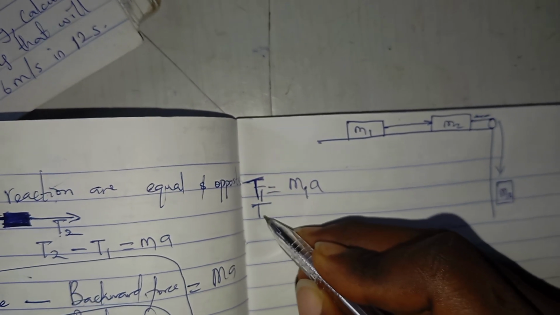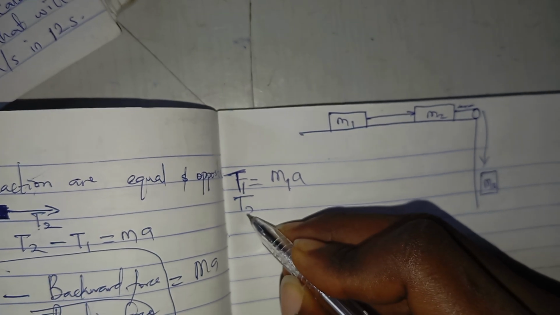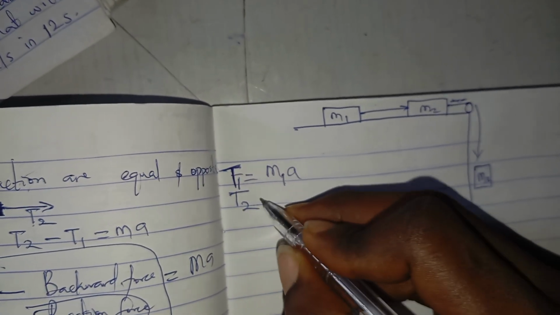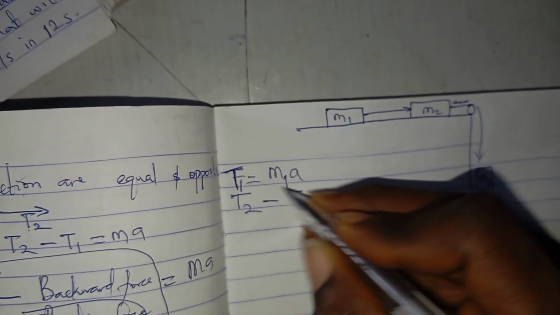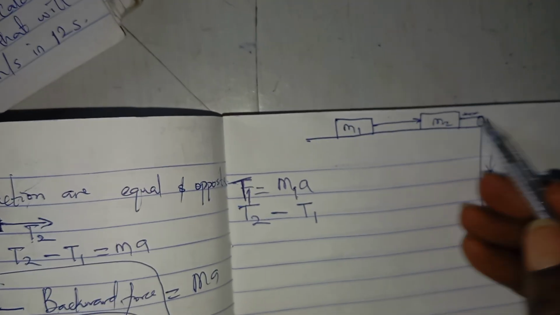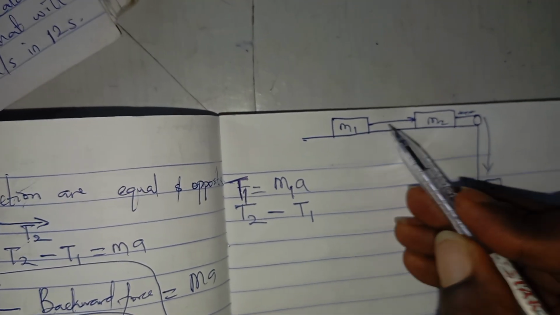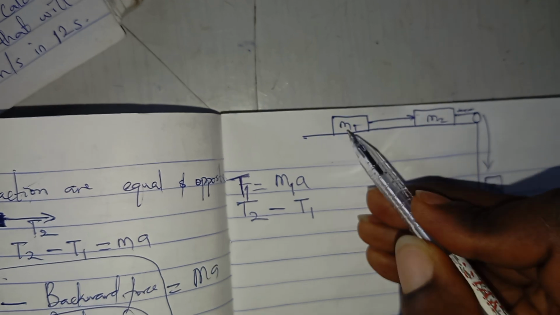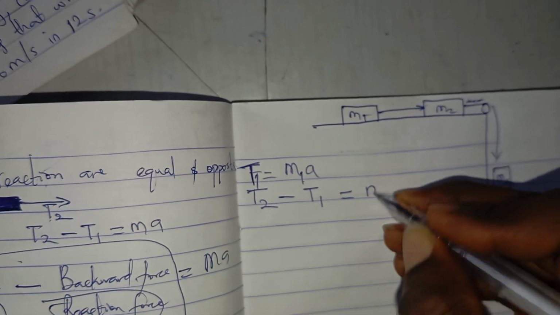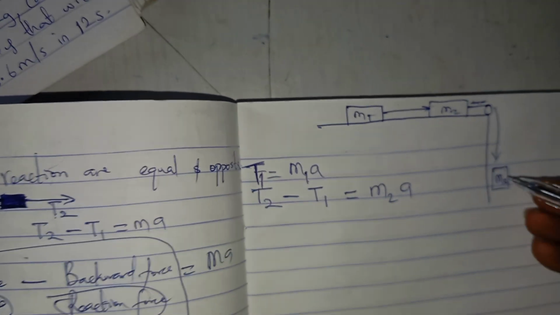So for this one, the forward force is T2, minus the backward force, T1. When it's going forward, the weight of this will be dragging it back. So equals M2A.